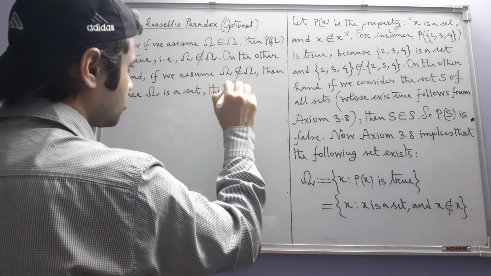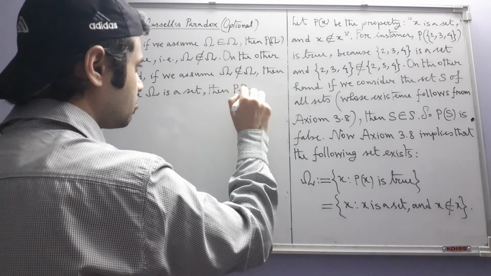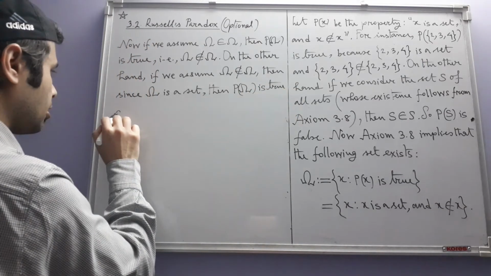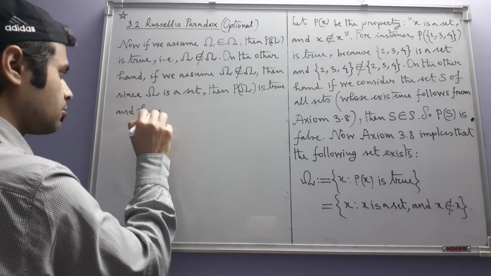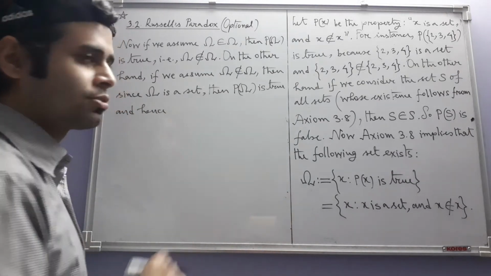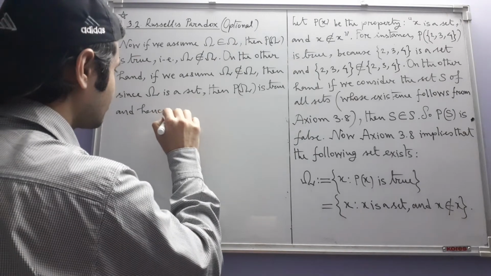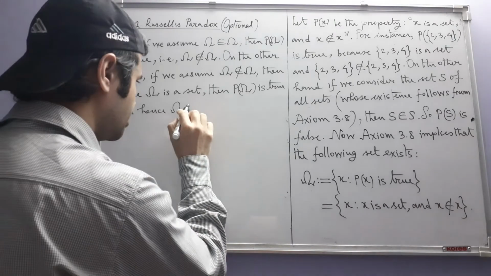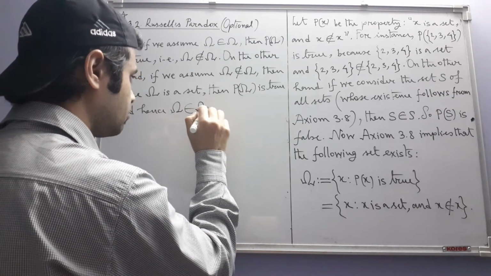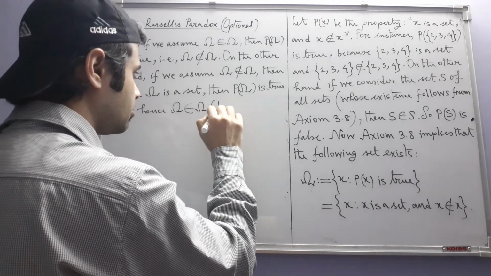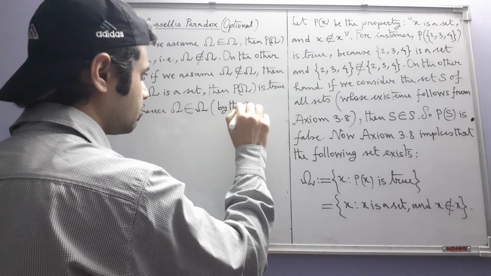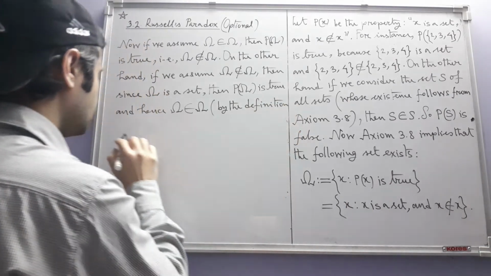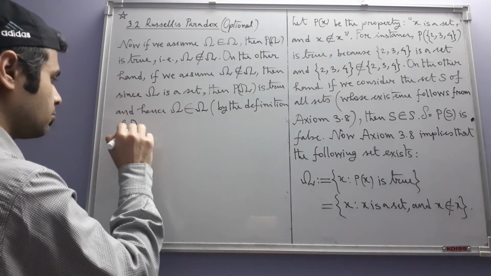Then P omega is true and hence omega belongs to omega, because it satisfies the condition for being in omega as an element. In brackets, you can write: by the definition of omega.